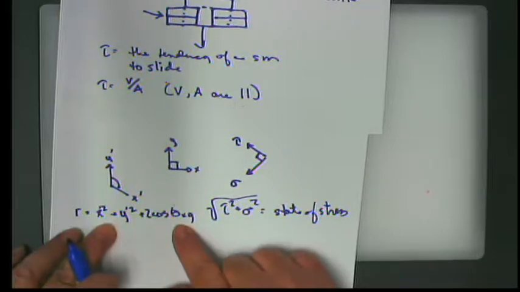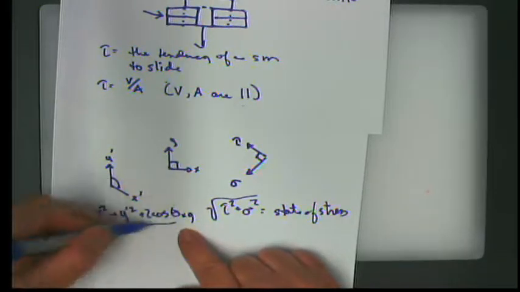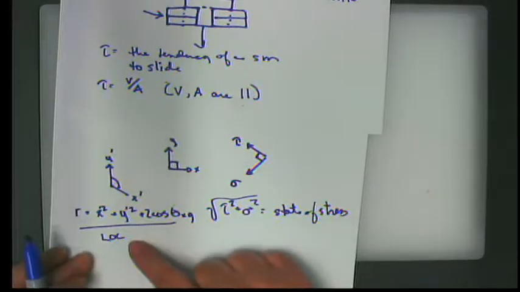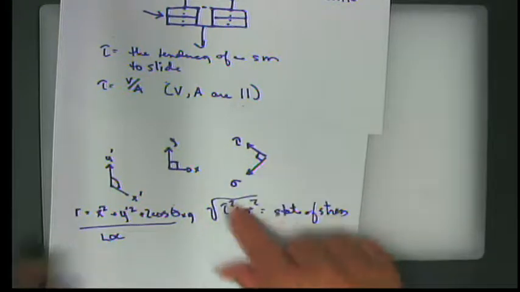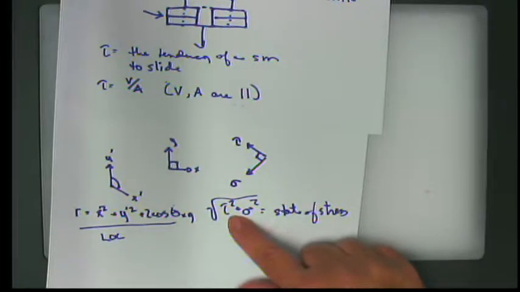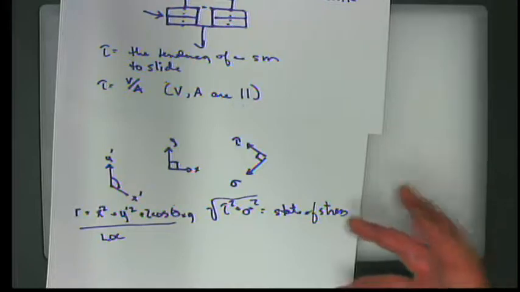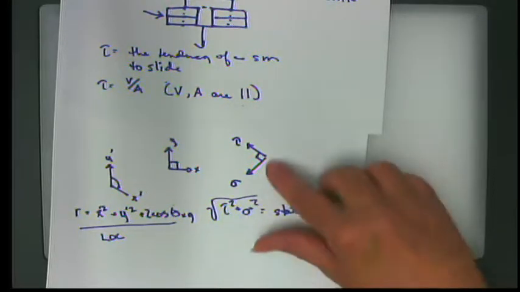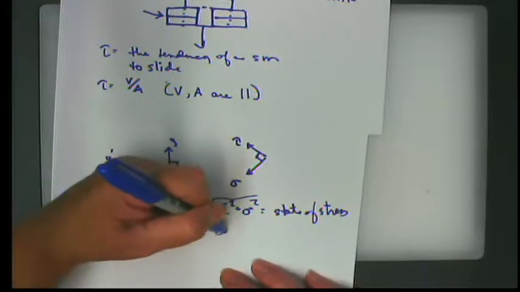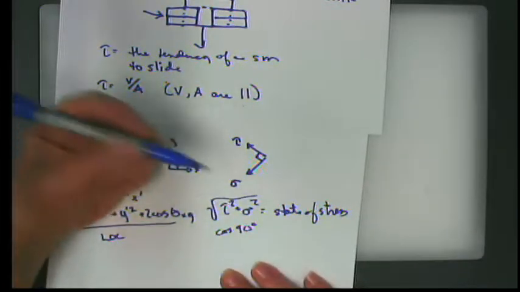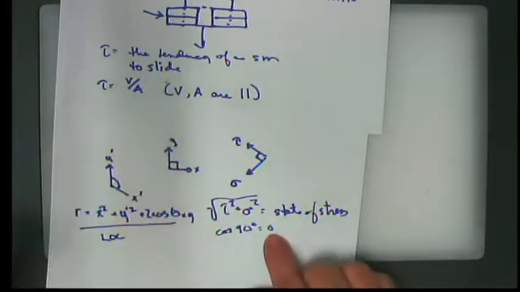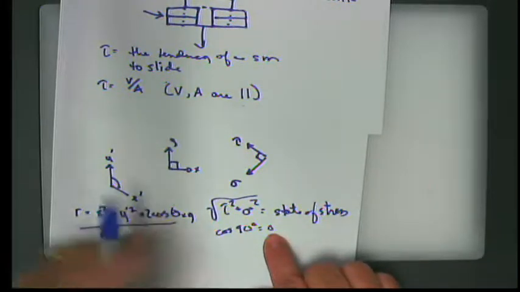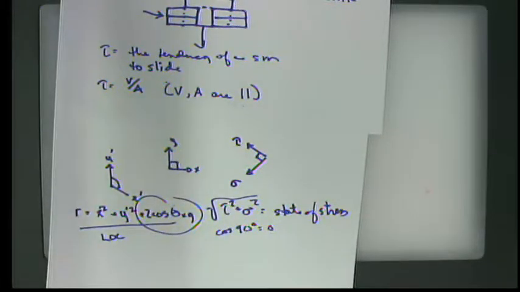In other words, we have to use the law of cosines, which is a little bit more complicated mathematically. So any time that you can keep two vector components of something perpendicular to each other, since the cosine of 90 degrees is 0, you eliminate this term, and so your math becomes much simpler.